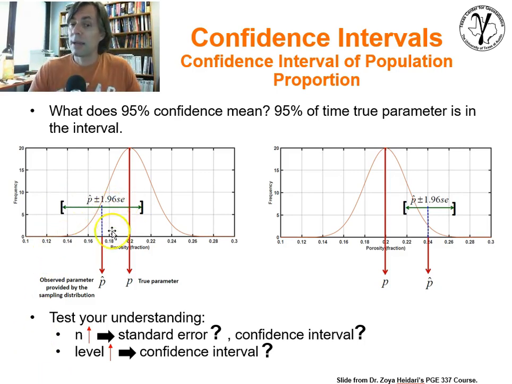But we would also expect that the estimate of the true parameter will get closer. So it'll all balance out. That's really cool. If you increase the level, what would happen? Well, if we have a 95% level and then we change it to 99% level, this will expand because now 99% of the time, our confidence intervals will contain the true parameter.